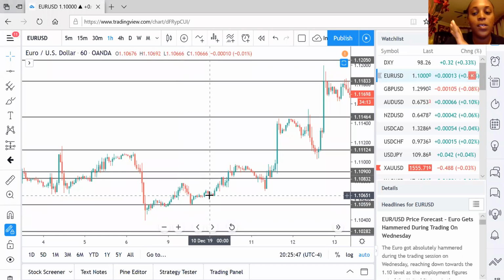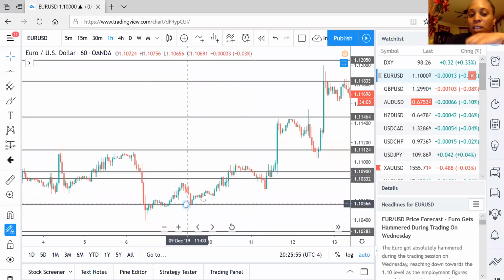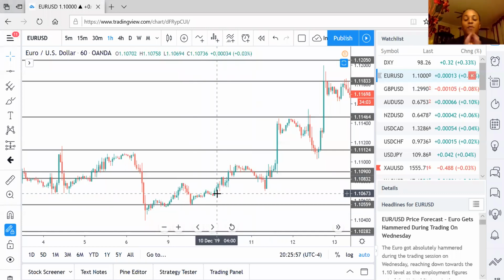You see me, I'm going to allow this pattern to finish forming, right? I hear XYZ saying that this is an impulse and correction, but the way this is forming, this looks very familiar because you would have familiarized yourself with identifying patterns on the market, seeing how the market has moved, and you would allow the trade to do what it has to do and tell you the direction it's going to go.